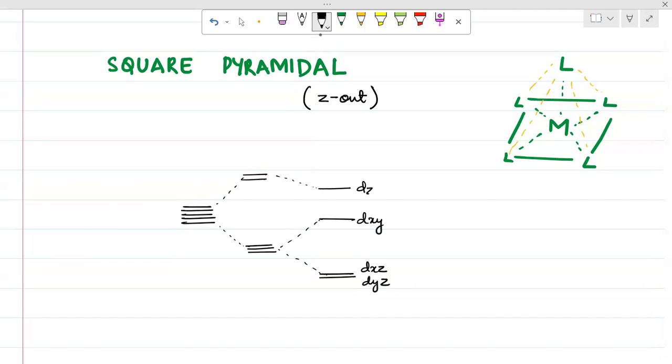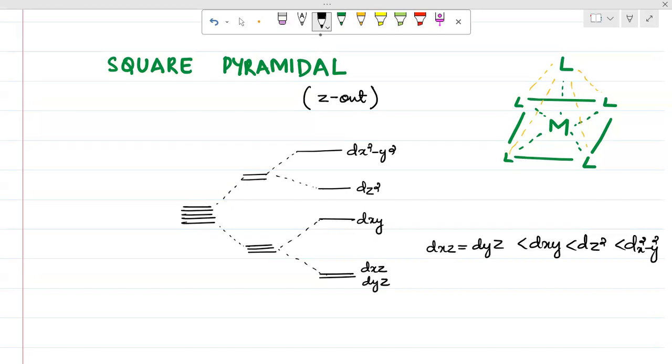Similarly, dz squared energy decreased, and then dx squared minus y squared. So this follows the same trend. The trend is dxz equal to dyz, least, followed by dxy, and then dz squared and dx squared minus y squared. This is how the splitting of the orbitals happens in square pyramidal geometry.